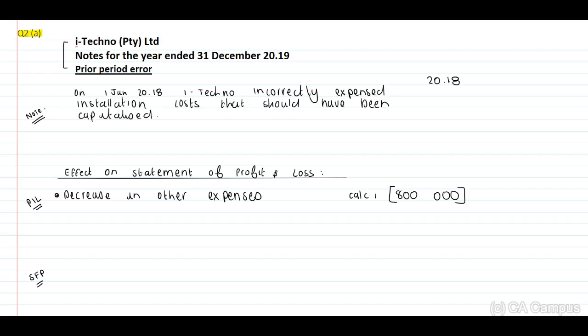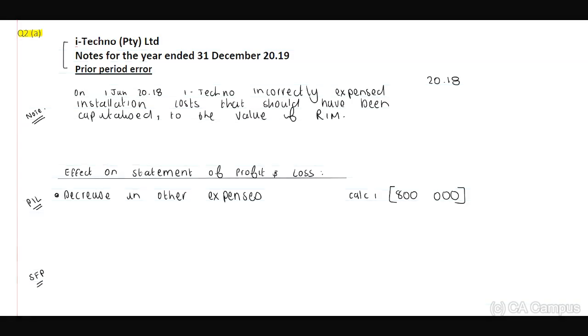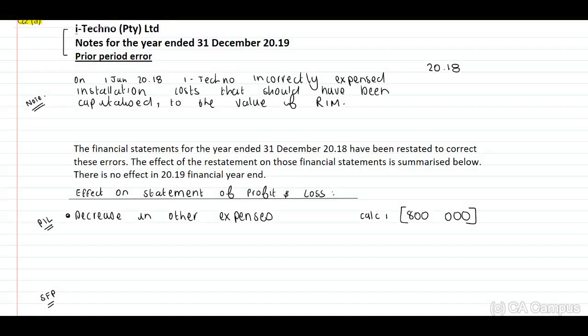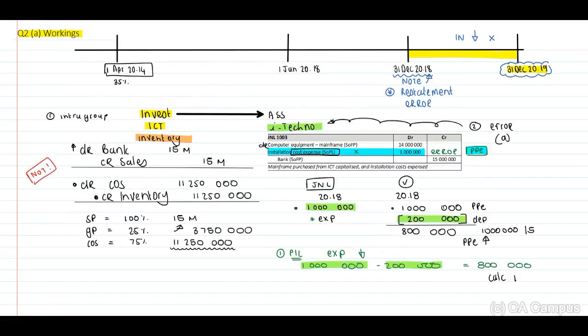Okay. We also note the value of 1 million. And we also know that we need to state that it should be restated. I've included the restatement to save us a bit of recording time. Okay. So guys, we have now identified that in terms of our calculation 1, the effect on our expense.